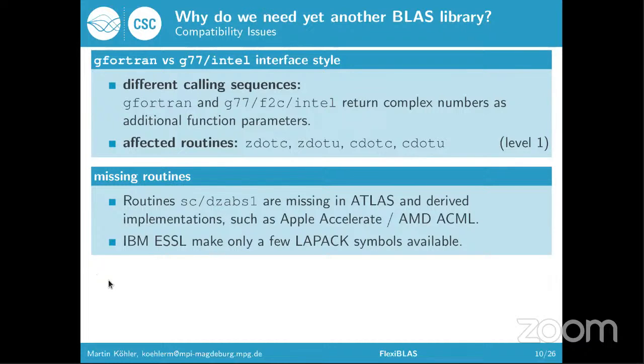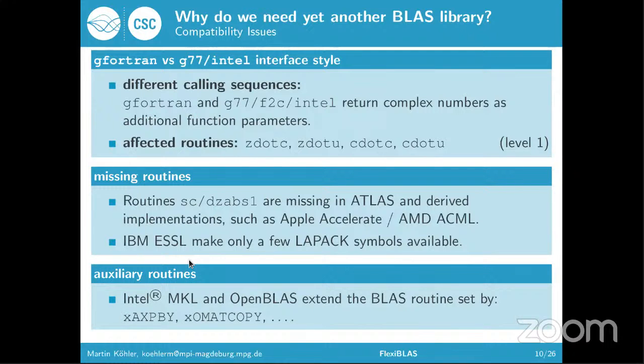The other really bad guy in this area is the ESSL from IBM. So they say they have a full LAPACK implementation, or yeah, you took a look at their documentation, but they only provide a few routines of them. So only the really high-end routines they provide. The other ones you can find inside the SO file, but you're not able to call them. So we have to fill up the missing ones automatically.